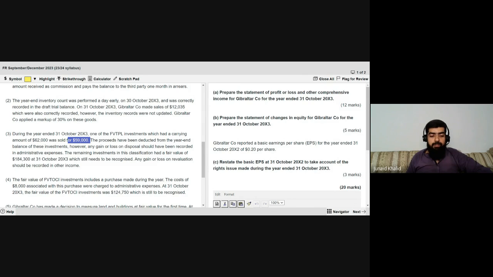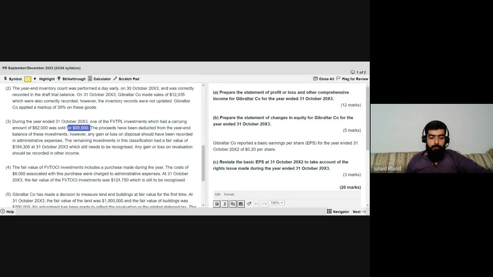The remaining investment, the leftover investment, is classified at fair value of 184,300. That is the fair value of the remaining investment at 31st October, which still needs to be recognized. Any gain or loss on revaluation should be recorded in other income.